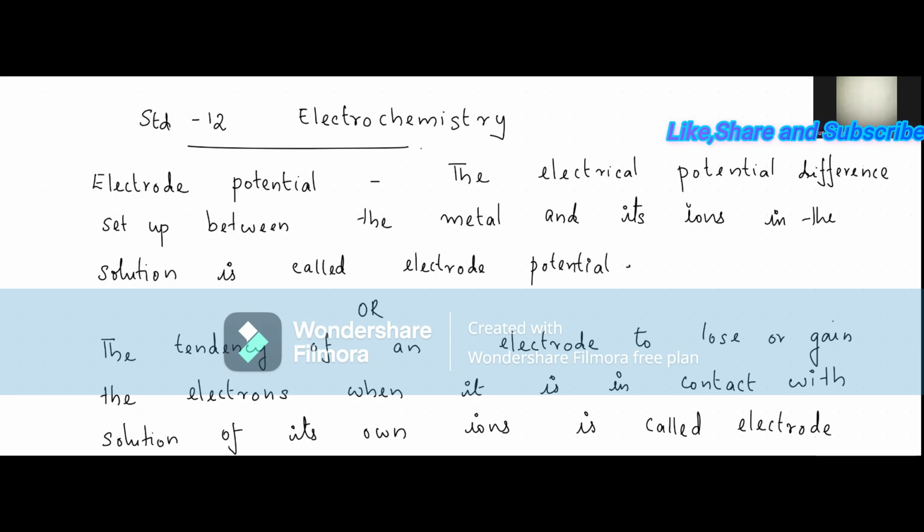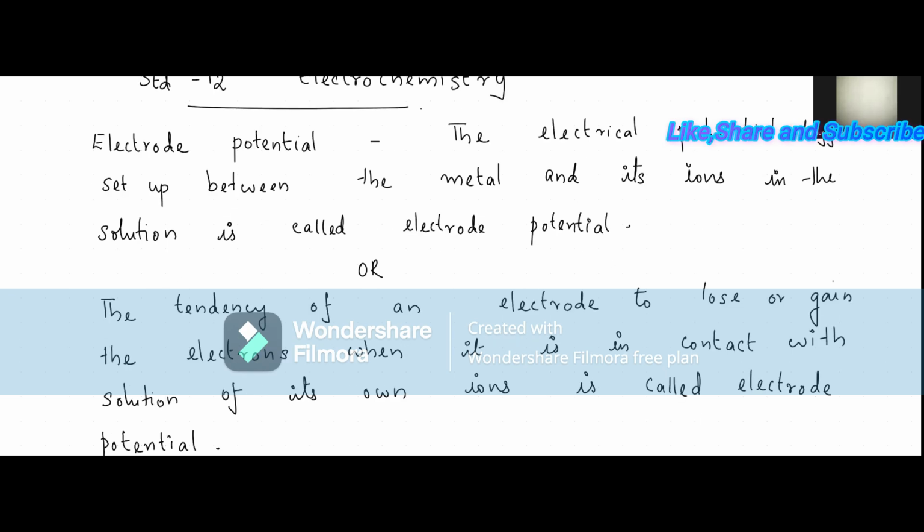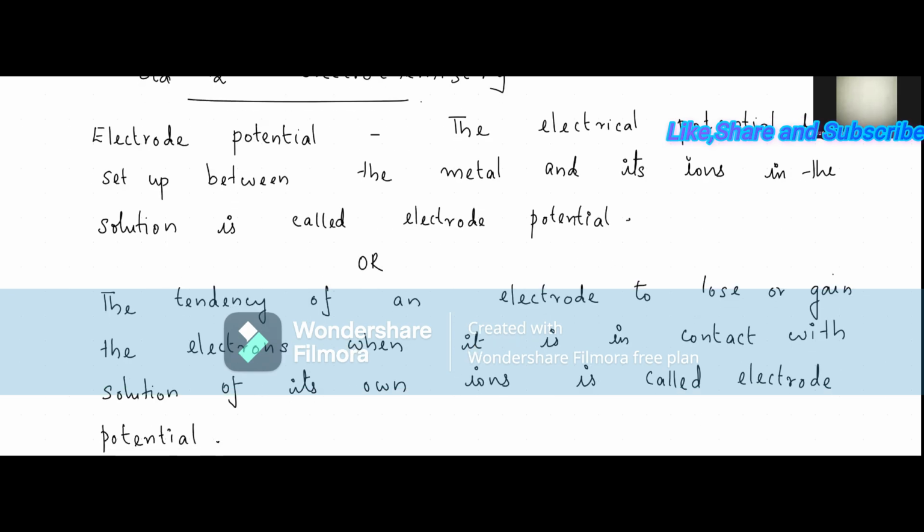So this is with reference to the voltaic cell which we learned in the previous video. That is, when you drop a metal in the solution of its own ions, there is a movement of electrons. There is loss or gain of electrons taking place at the electrode.